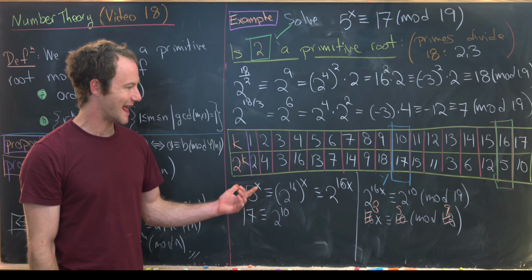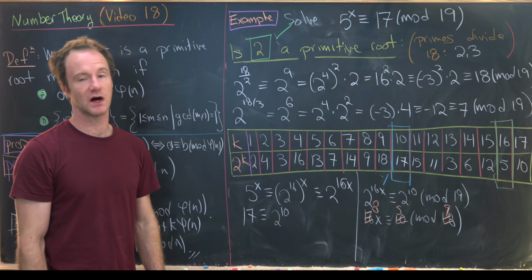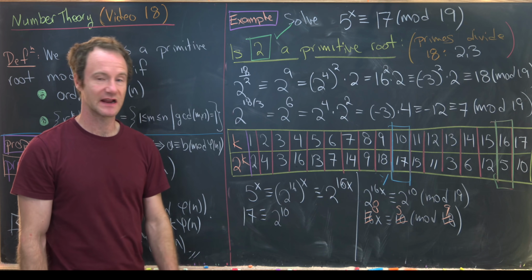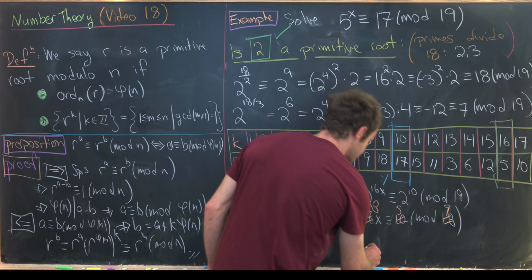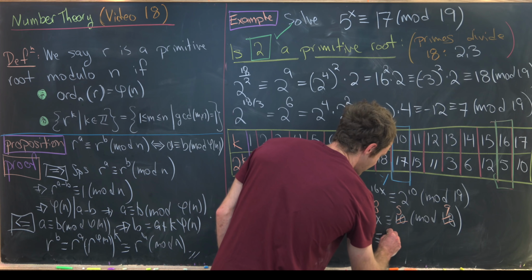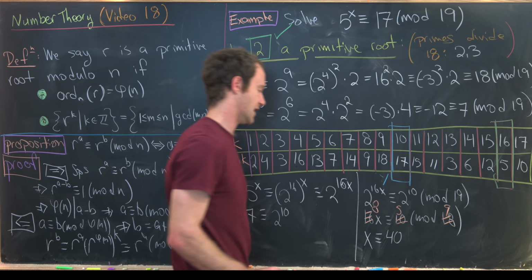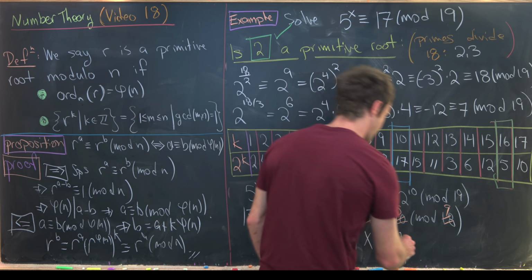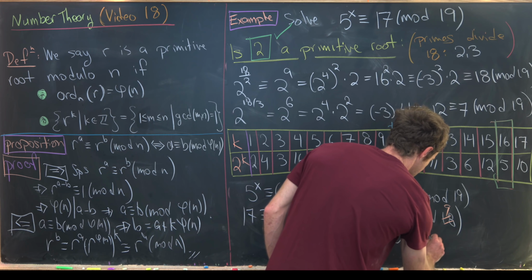But let's notice that 8 is its own inverse modulo 9. That's because 8 is equal to negative 1 mod 9. So we can multiply both sides by 8, and we'll have x is congruent to 40 mod 9. But let's see, 40 mod 9 is the same thing as 4 mod 9.